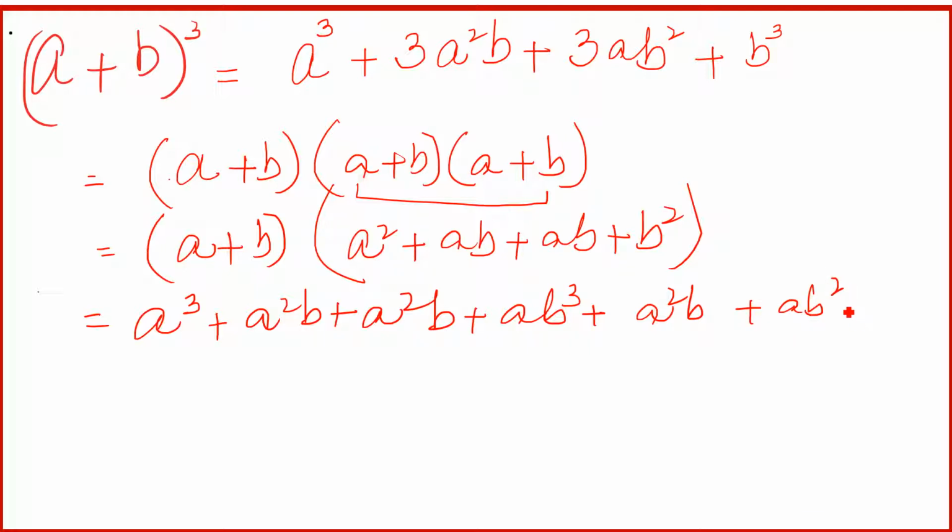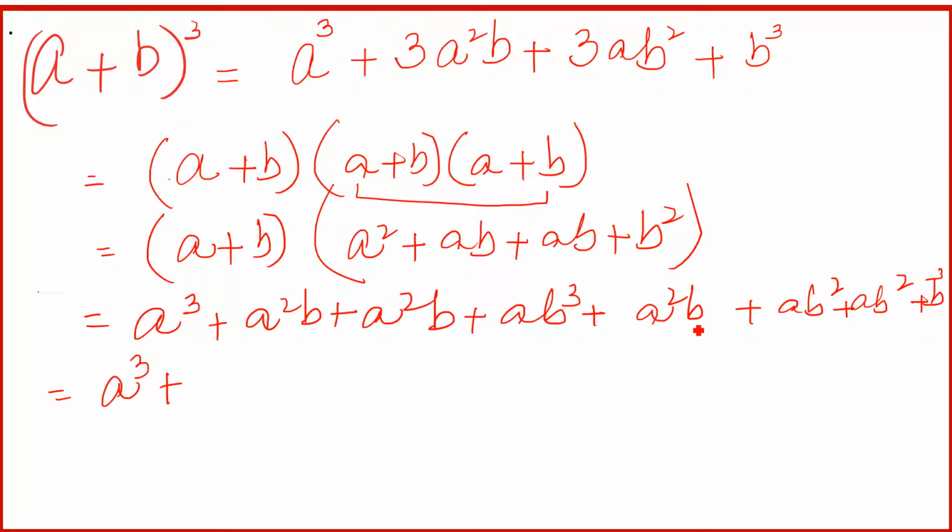ab square plus, then a square b, ab square, ab square plus b cube. So see, a cube, and this is a square b, a square b, a square b.